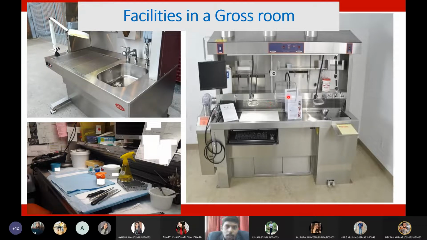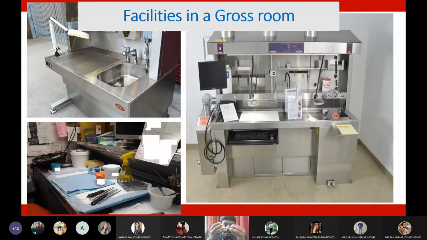Also, whatever fluids are drained into the sink won't connect to the regular drainage system. Rather, these fluids will be filtered and attached to separate biomedical waste bins.